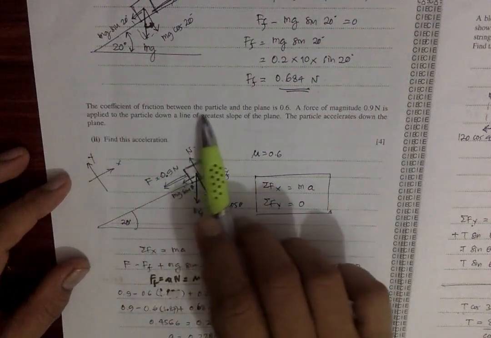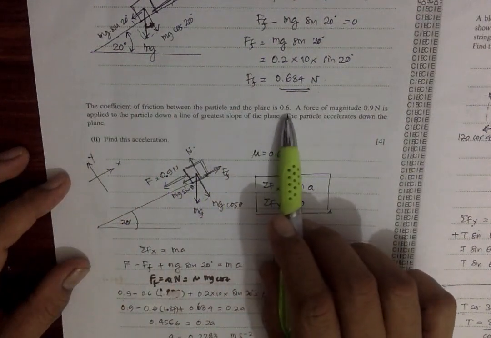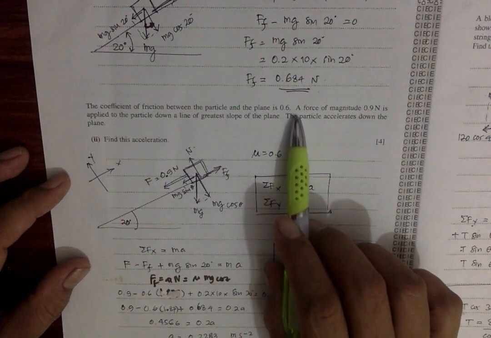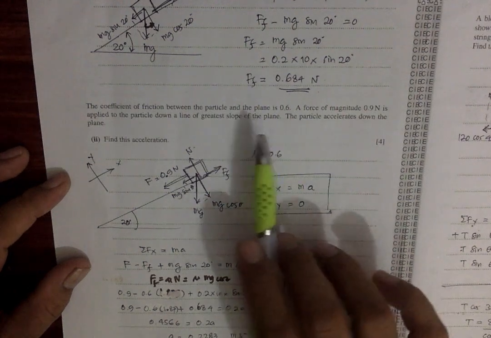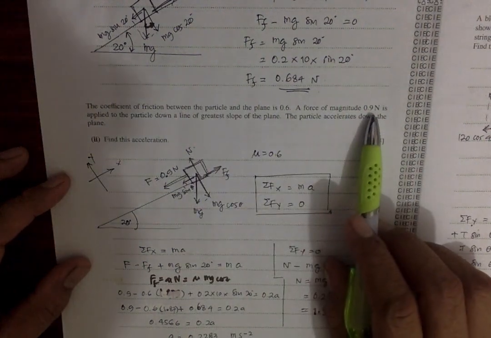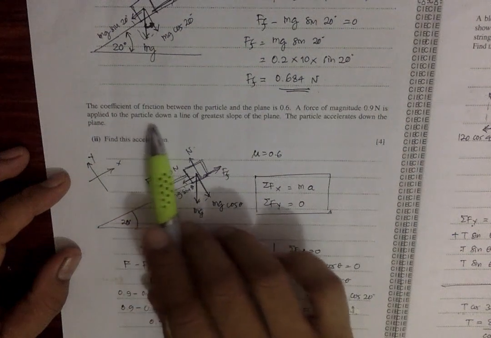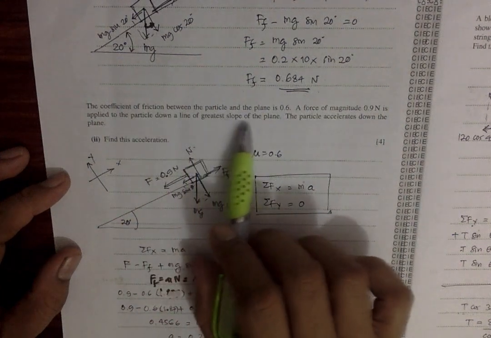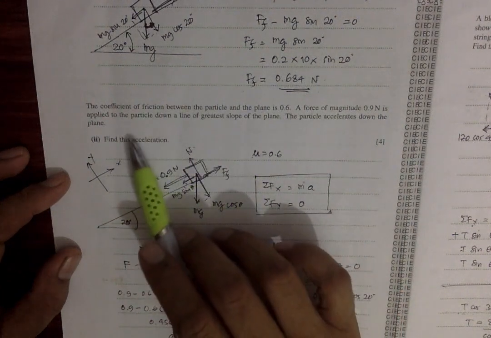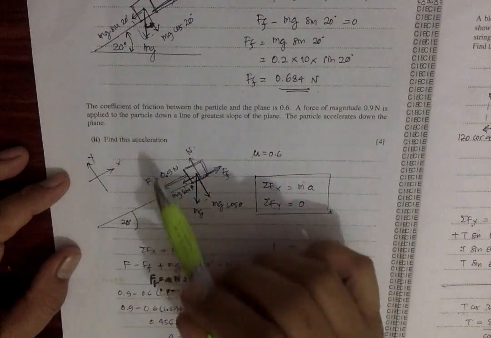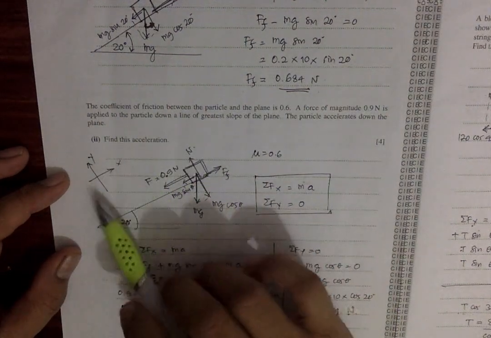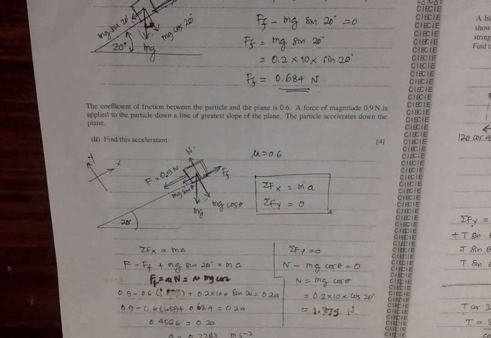The coefficient of friction between the particle and the plane is 0.6. A force of magnitude 0.9 Newton is applied to the particle down a line of greatest slope of the plane. The particle accelerates down the plane. Question 2: find this acceleration.